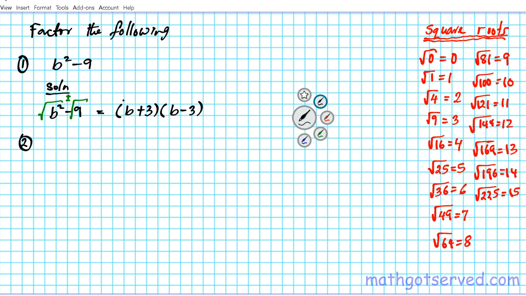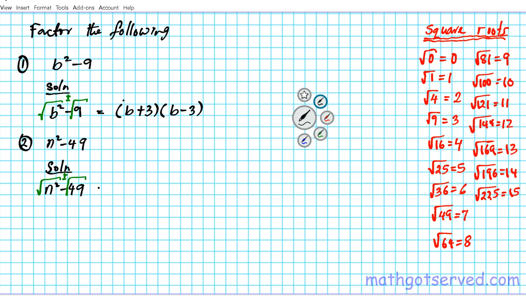Let's take a look at another example. Let's say we have to factor n squared minus 49. Is this a difference of squares? Is n squared a square? Yes. Is 49 a square? Yes. So we can use the formula: square root the first and the last, and write it as a sum and a difference.